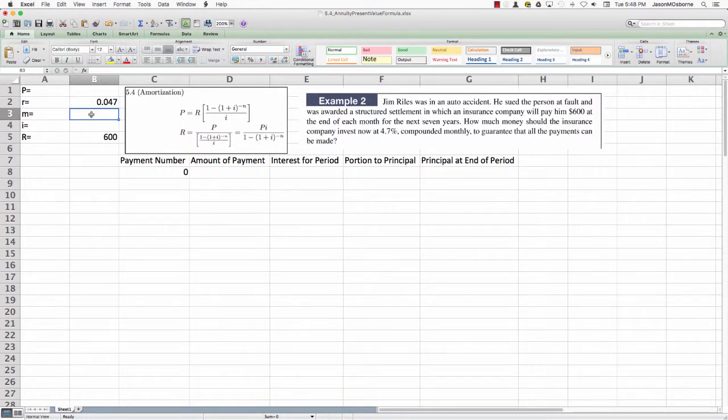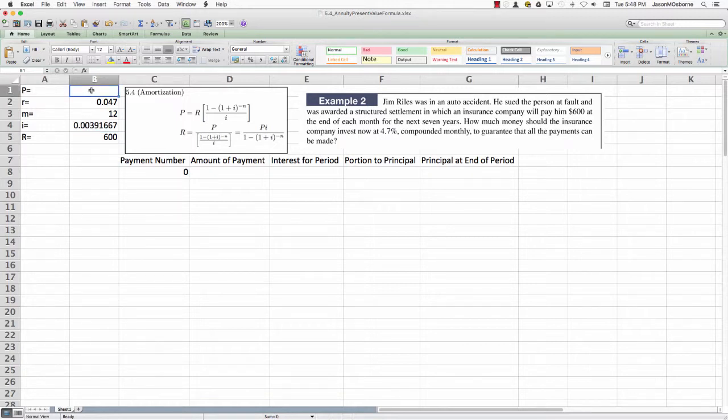This is what they've found. The account they're going to put money into is compounded monthly, so M is 12. And therefore the interest rate per month that this account is earning is 0.39%. That is the interest rate they'll get per month.